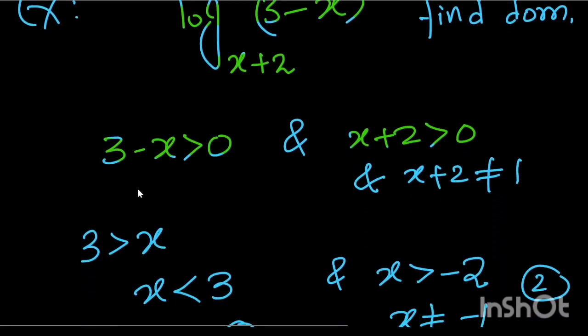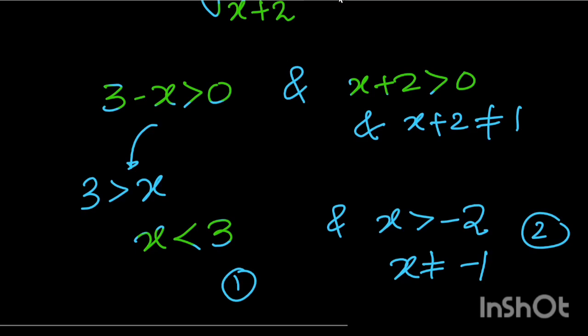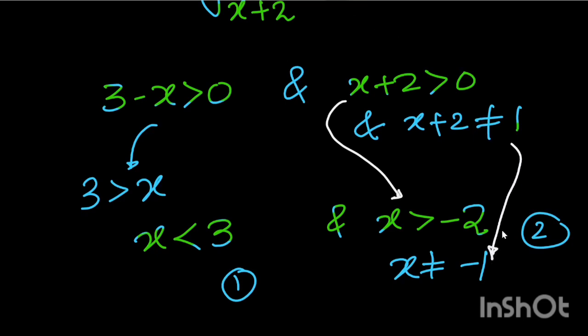Now solving this, 3 greater than x means x less than 3 only. Similarly, x plus 2 greater than 0 gives x greater than minus 2. And x plus 2 not equal to 1 gives x not equal to minus 1.